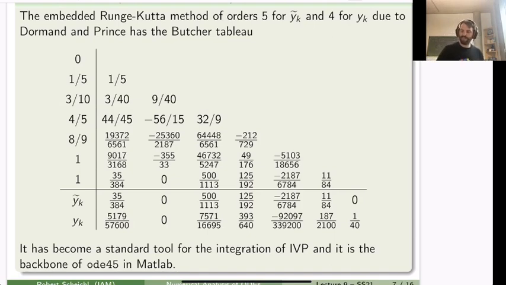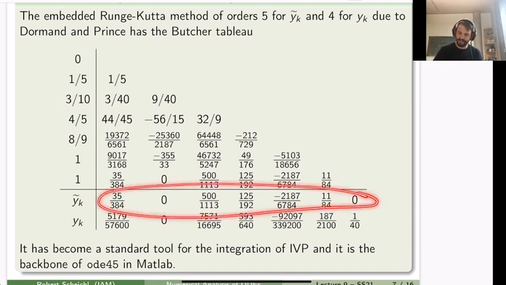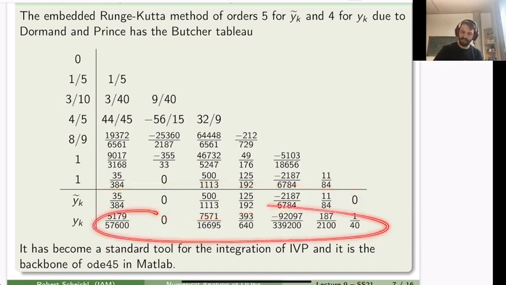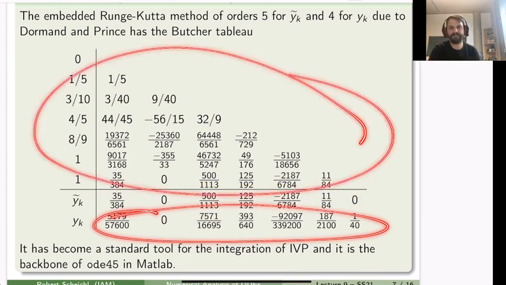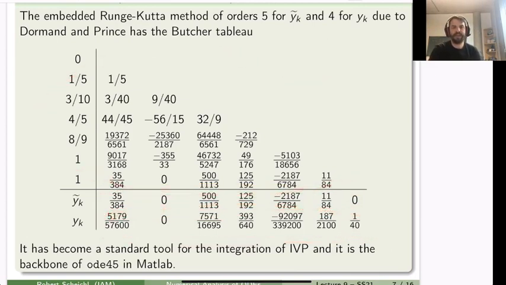The first of the two here has order 5, the second has order 4, and both have the same stage values. And this is the backbone of the MATLAB ODE solver, ode45. So this is the typical explicit Runge-Kutta method solver in MATLAB.